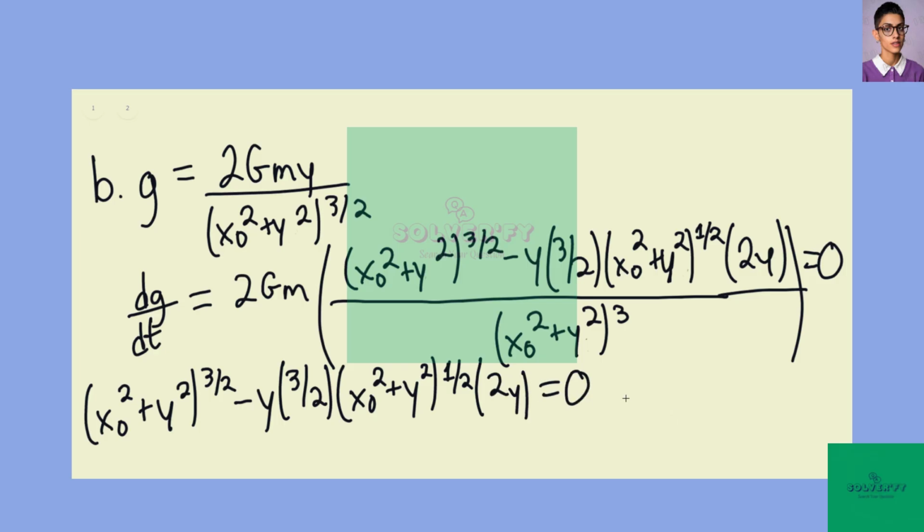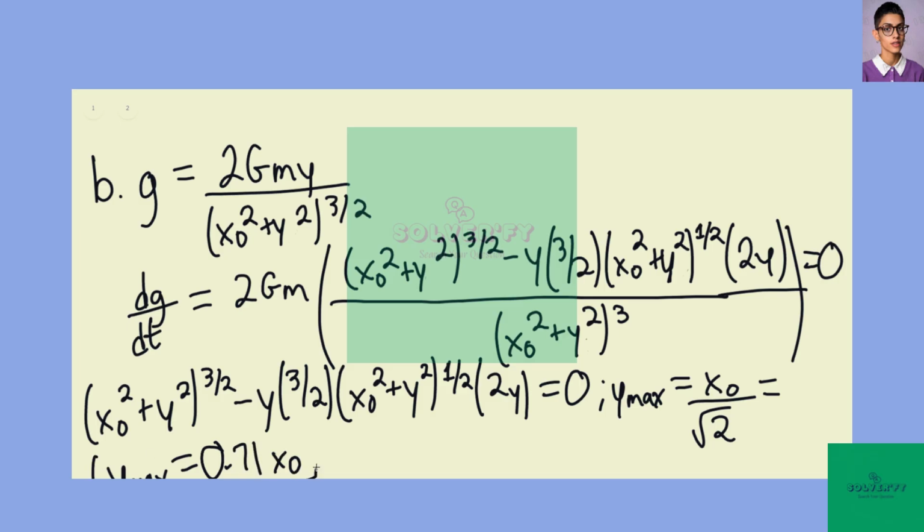And so we can find that y max is going to equal x naught over radical 2 after some simple algebraic manipulation. So y max equals 0.71 x naught.